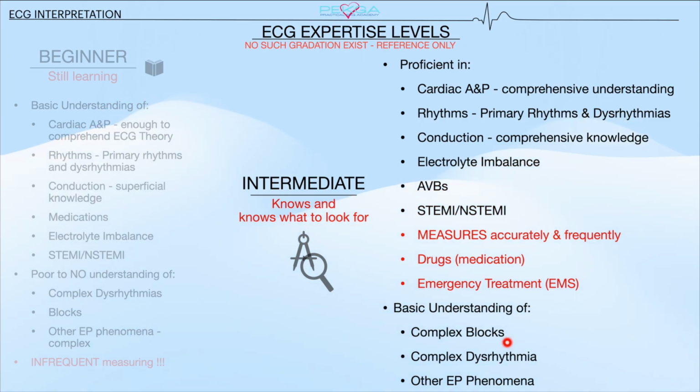So blocks can get very complicated. Complex dysrhythmias, or arrhythmias, call them whatever you like, but sometimes they can get extremely tricky. And that is something that an intermediate level interpreter may or may not be able to discern.